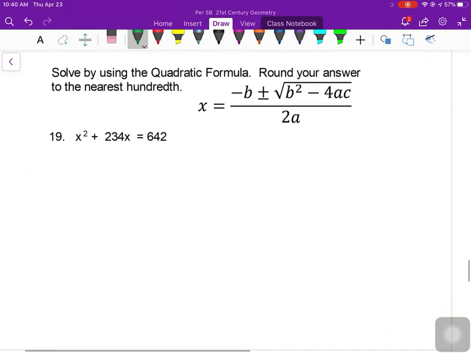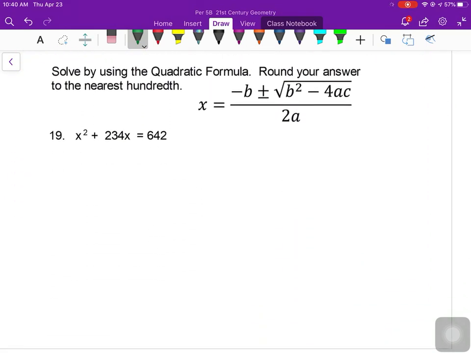Let's try another one. Now, quite often in this chapter, we're going to be dealing with very, very large numbers. Again, we have to have it set equal to 0, so we must move that over. X squared plus 234x minus 642 equals 0.